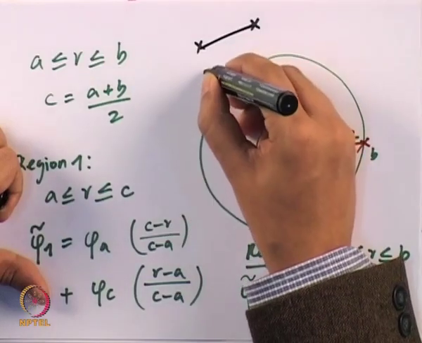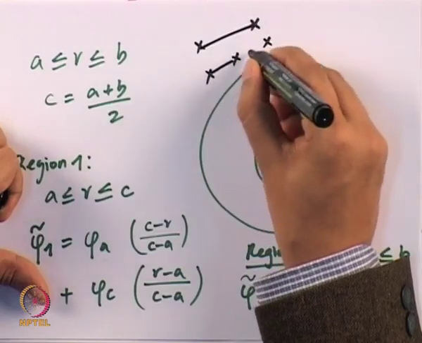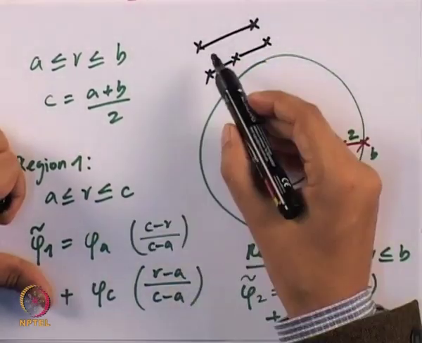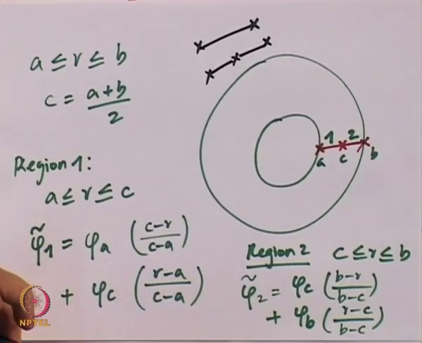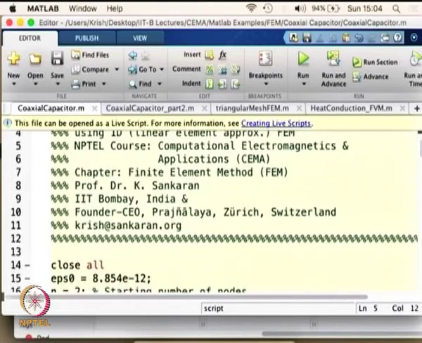If there are going to be 3 points, I am going to join them by 2 lines, so on and so forth, but always it is going to be lines. That is why we are calling it linear approximation, and we are going to have the basis functions as linear elements. So, it is going to be of the nature Ax plus B, but that is not important for now. Let us go into the code and see how the process is set up.